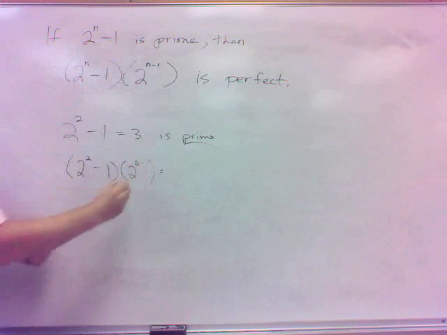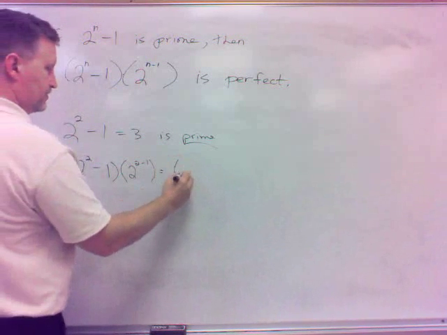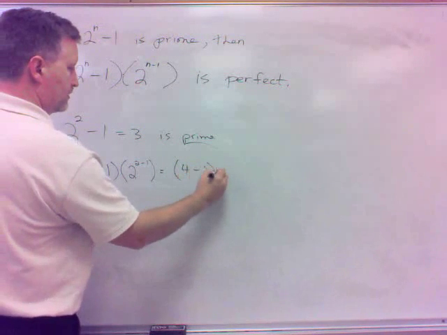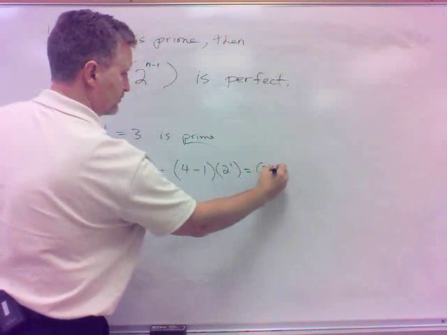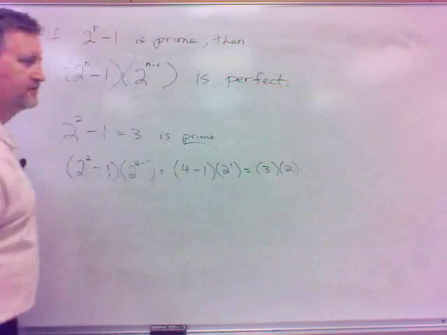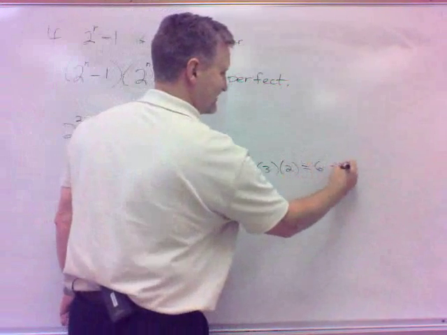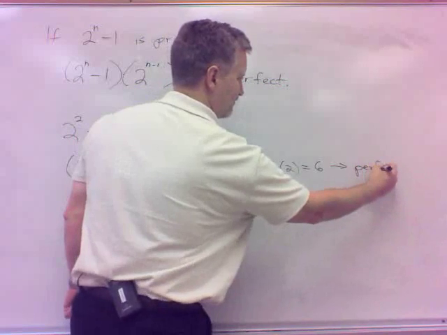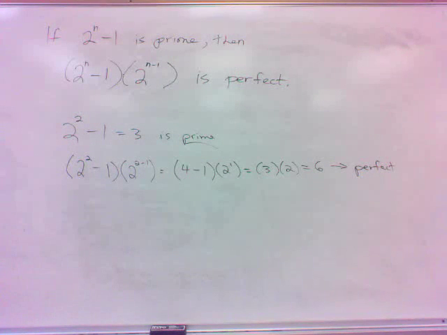Let's see what that gives us. That's 4 minus 1, of course, that's 3, times 2 to the 1. That's 3 times 2, right? What is 3 times 2? 6. Which is perfect. How about that?